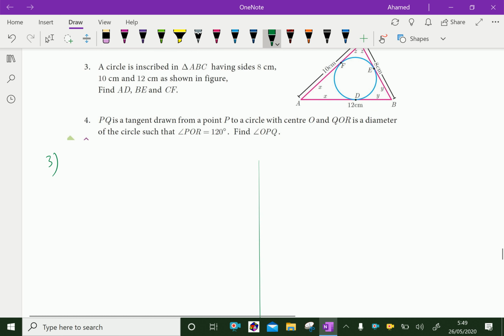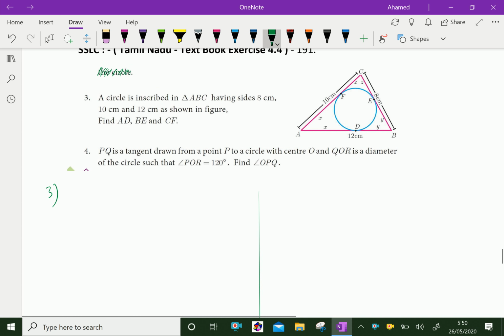Question number 3. Here we know that the tangents drawn from an external point to the circle are equal.